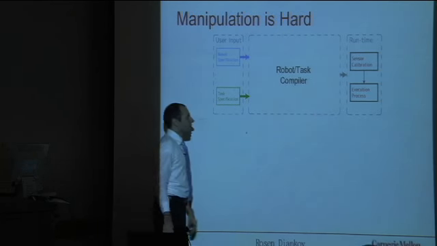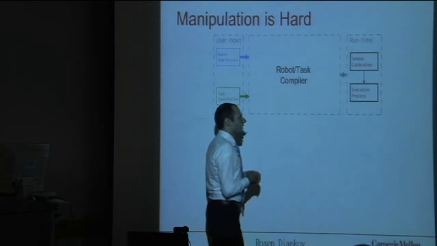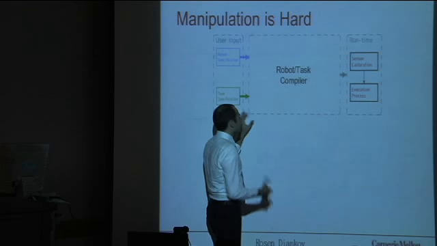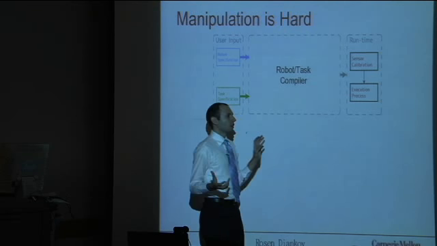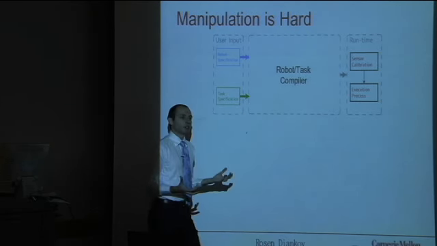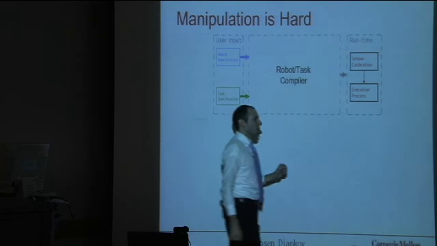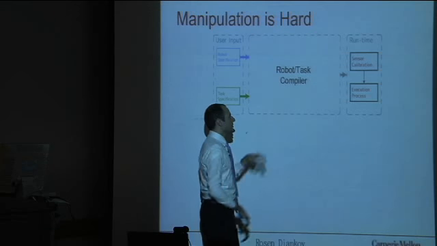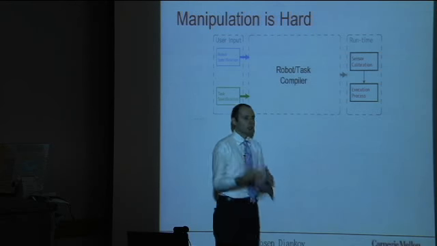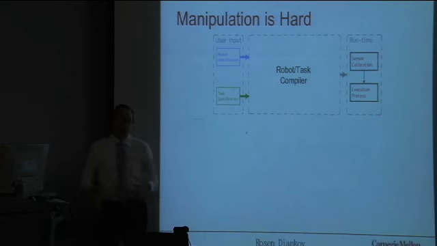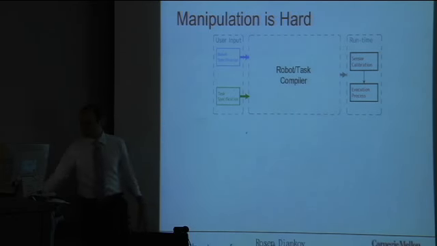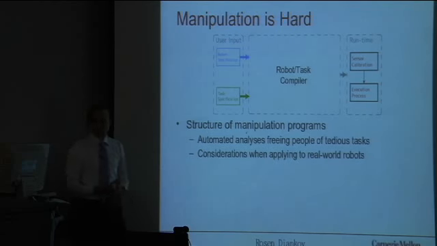There's a lot of problems left, but hopefully this should serve as a framework for people to consider a robot task compiler when training a manipulation program. And this compiler will eventually, hopefully one day, replace a lot of the manual processes that are done today to get manipulation programs running.